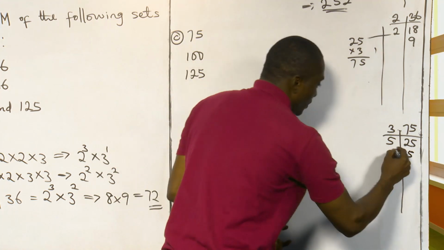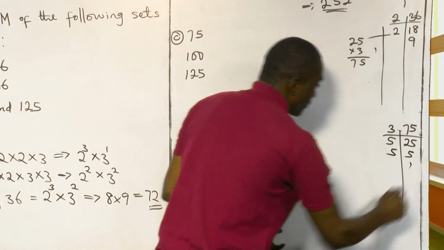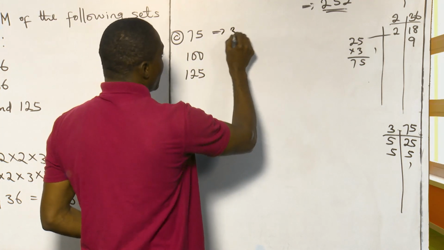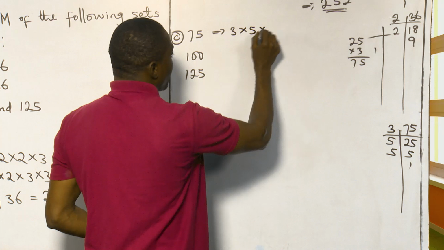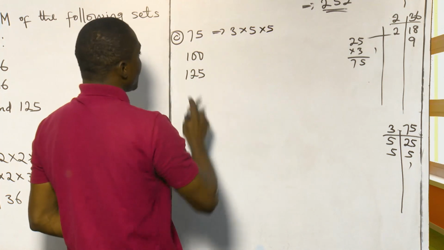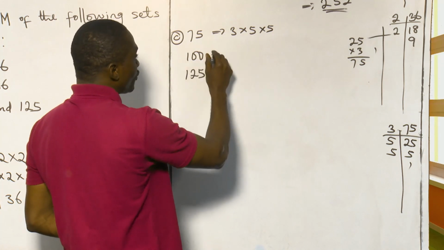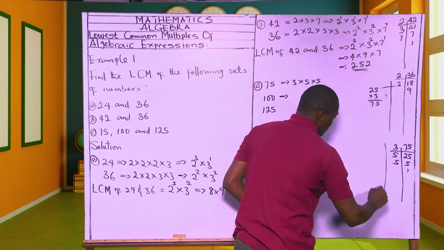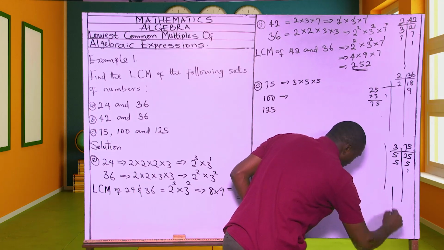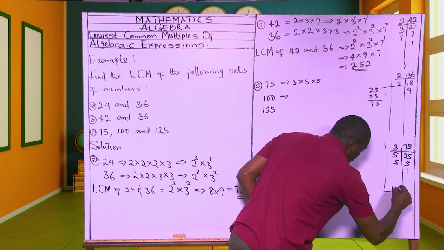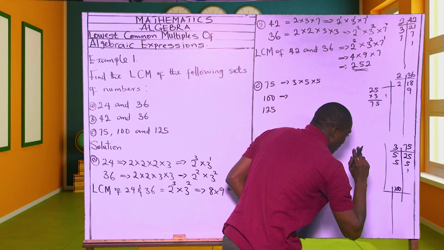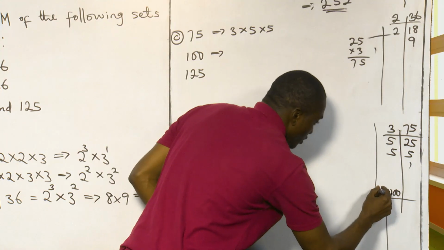Then we can finish it up by saying 5 in 5 gives us 1. So this will give us 3 multiplied by 5 multiplied by 5. Now for 100, the least prime factor of 100 is 2.